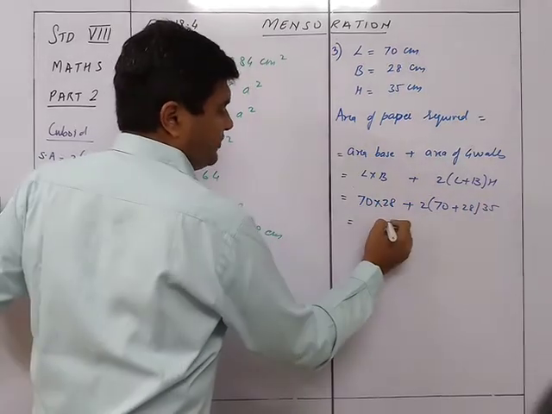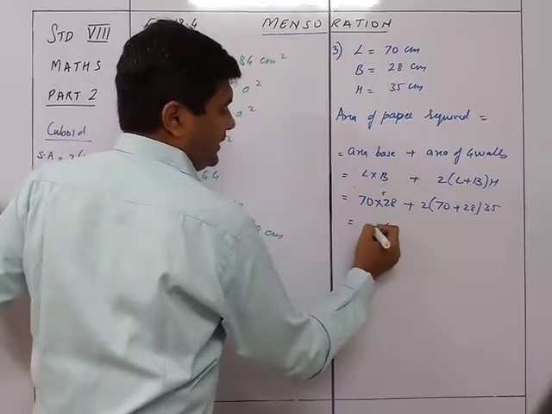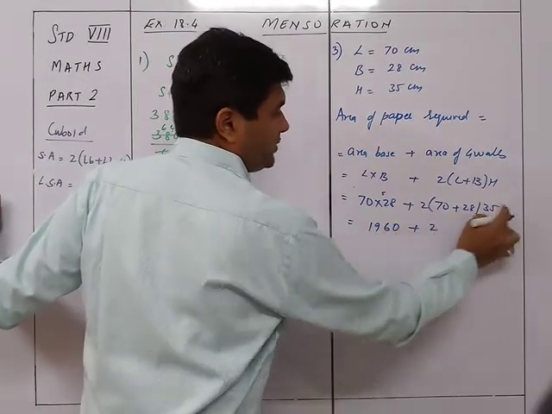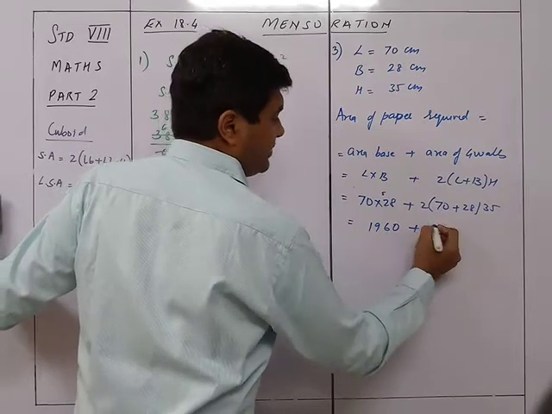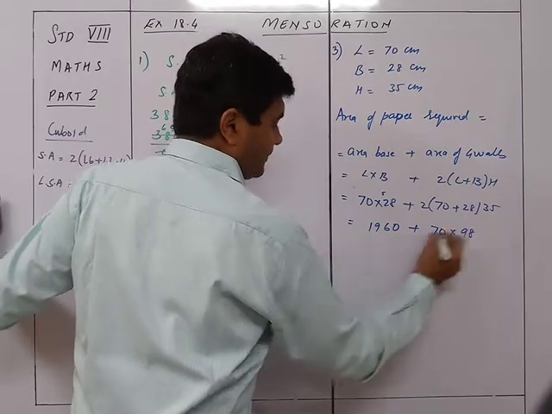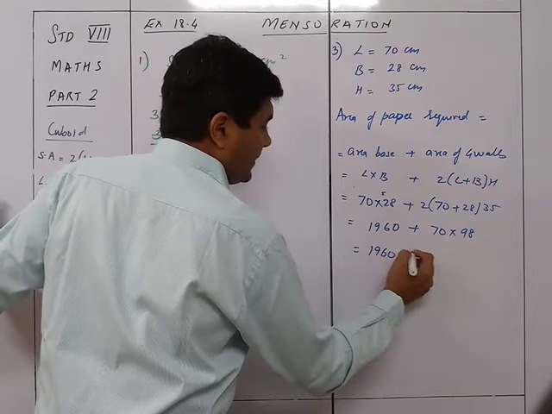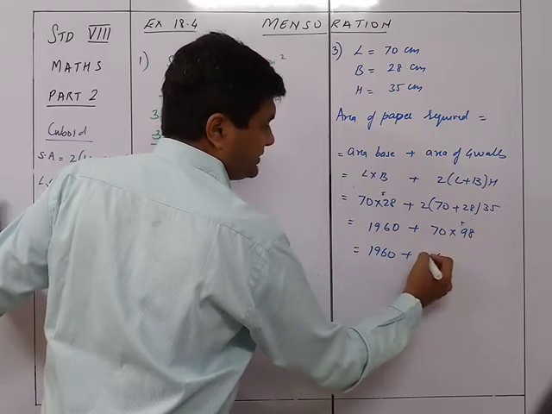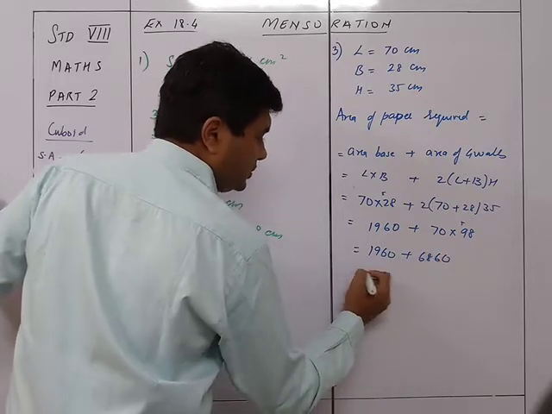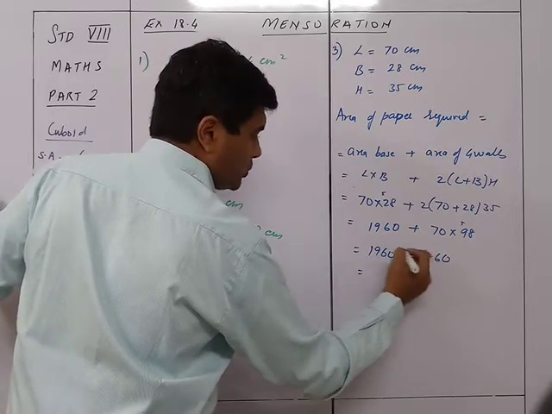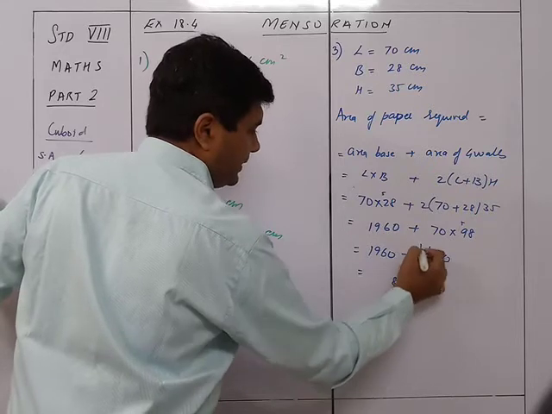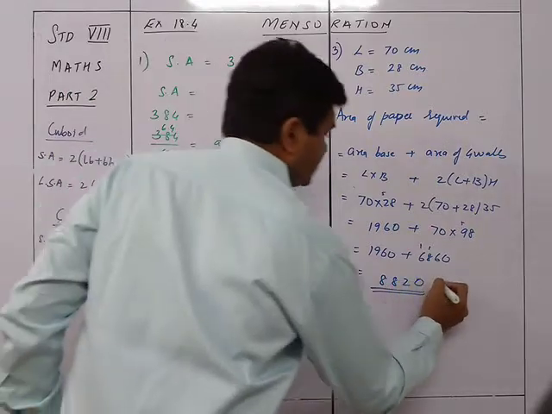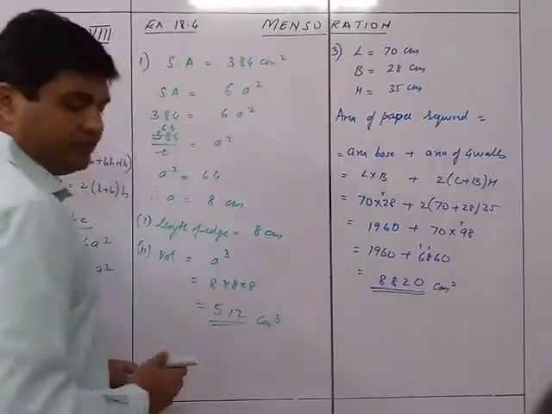So 7 8s are 56, and 2 into 98 is 196, 70 into 98, and so on. So 880 centimeter square will be the area of the paper required.